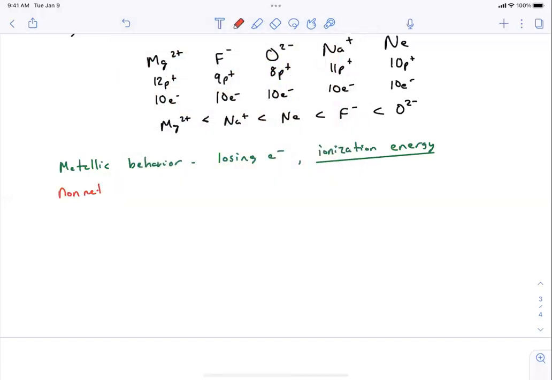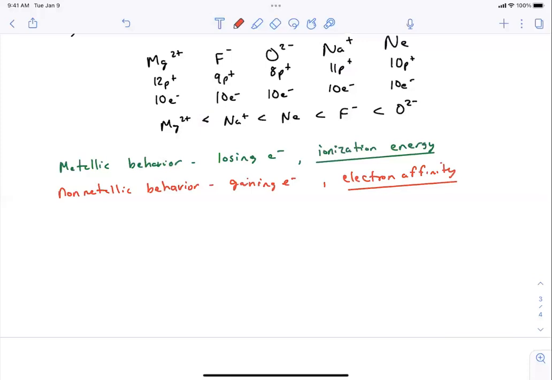Non-metallic behavior, wow, my handwriting is getting really bad here, is gaining electrons. So that has to do more with electron affinity.